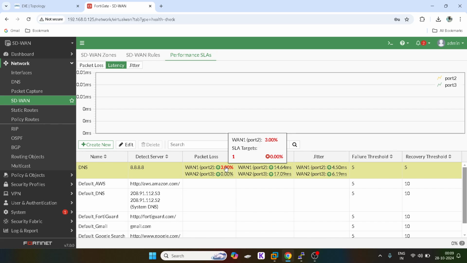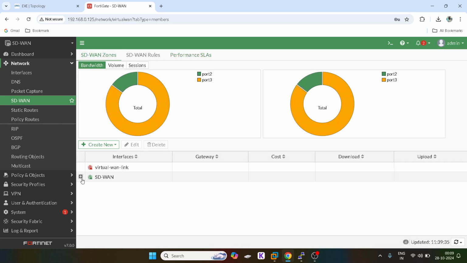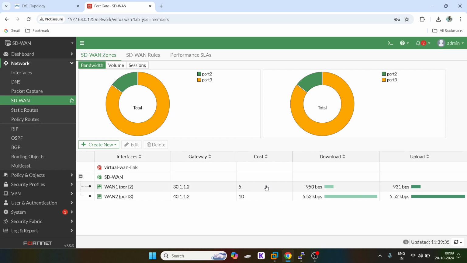What we can do is give a higher cost to this link and a lower cost to this link. Then ideally the traffic will go via 40.1.1.2 only, just because it is the low cost link. But you got my concept.